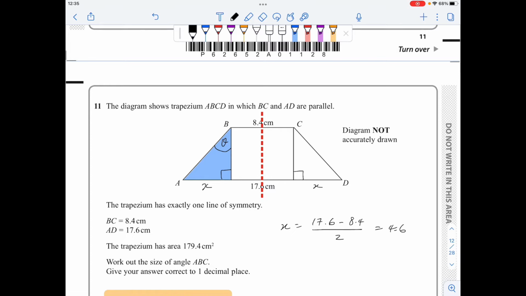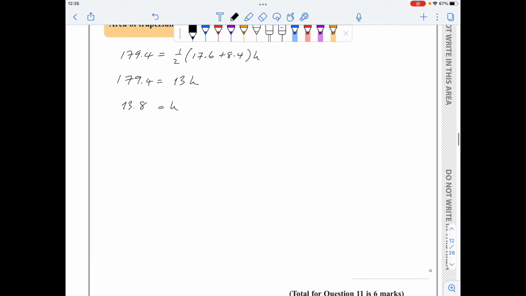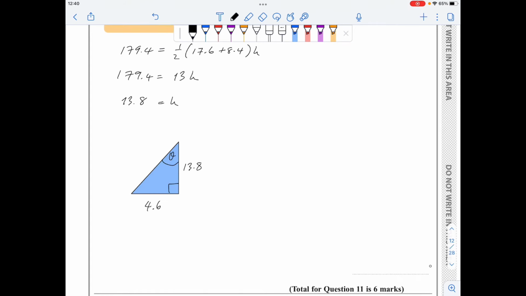So let's extract this triangle. So to find theta, I'll just do tan theta is equal to opposite, which is 4.6 over 13.8. So theta is the inverse tan of this fraction, which comes out to be 18.4.